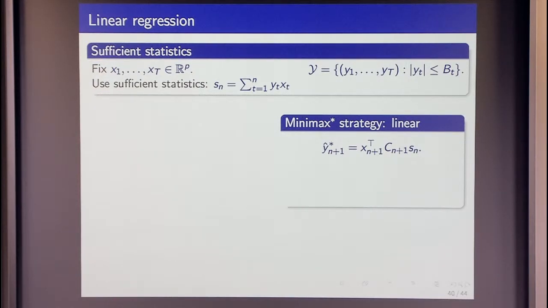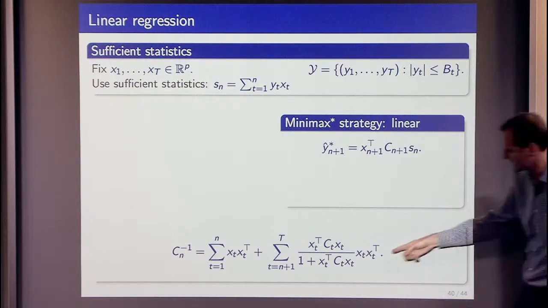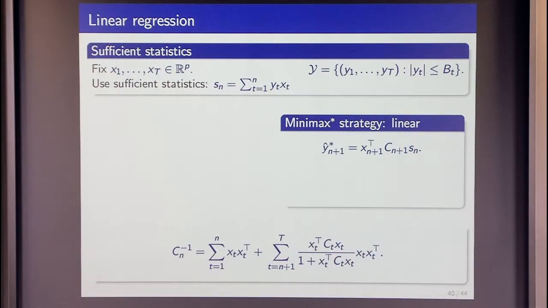To predict yn plus 1, we use xn plus 1 transpose times some matrix cn plus 1 times this analog of x transpose y so far, where the c's take into account the xt transposes so far, and we also take into account the future ones with a very precisely prescribed weighting. So this is a recursive definition of the Cts.